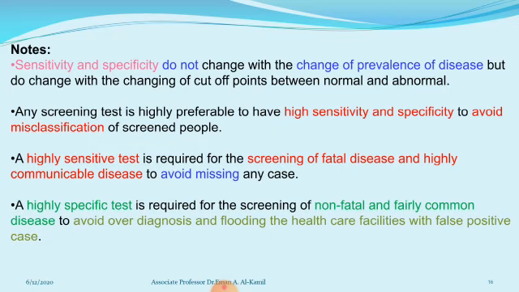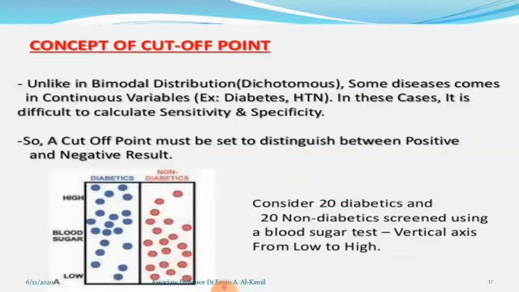So for a fairly common and non-fatal disease, we need a highly specific test, because we don't want to increase the number of false positives, who will go and consult a hospital and do further tests, and this will be expensive for the patient and for the healthcare.